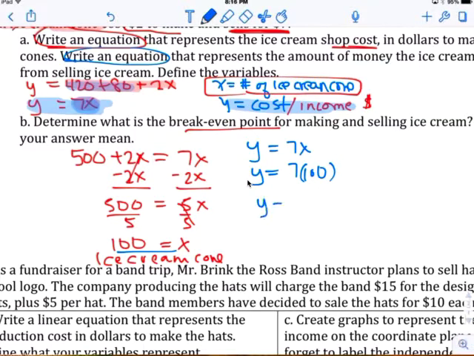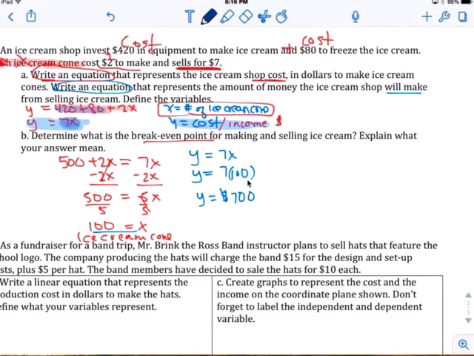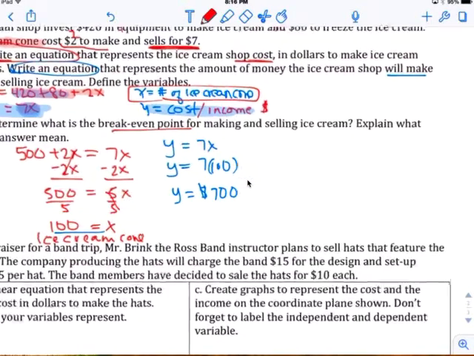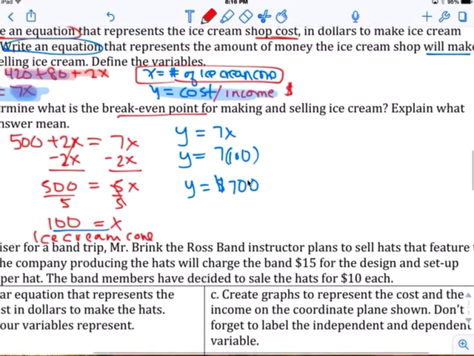We get Y is $700. So you're going to collect $700 for selling ice cream, but it's also going to cost you $700. So essentially, what is it when you... oh, the word slipped my mind. Your profit is zero. Goodness gracious.